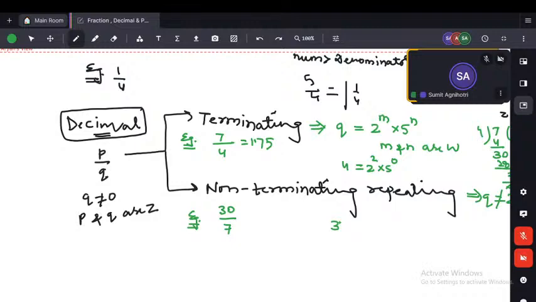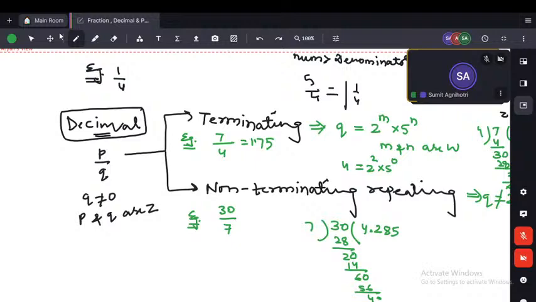And it will repeat, like 7 4s are 28, point, 7 2s are 14, 7 8s are 56, 7 5s are 35, then 7 times 7 is 49, then 7 times 1. Now it will start repeating. 4.28571.